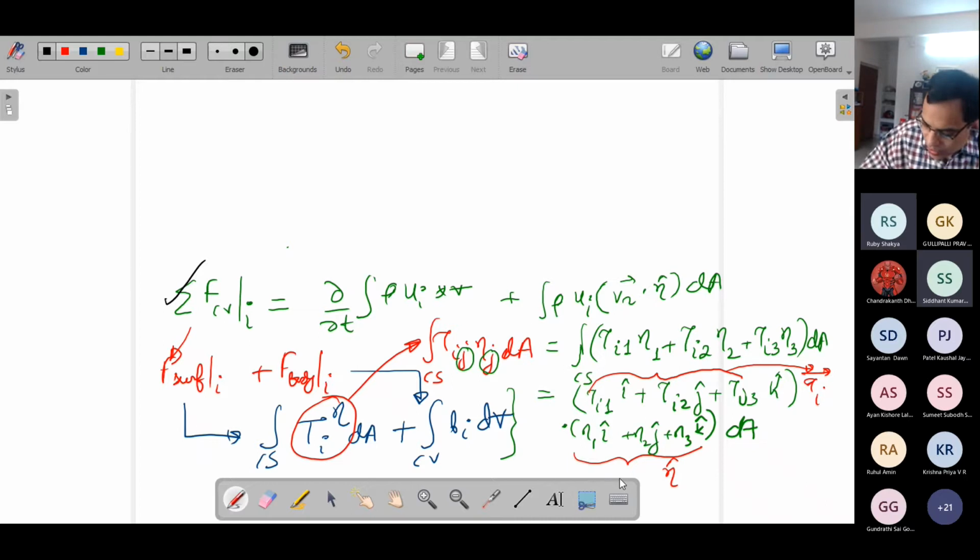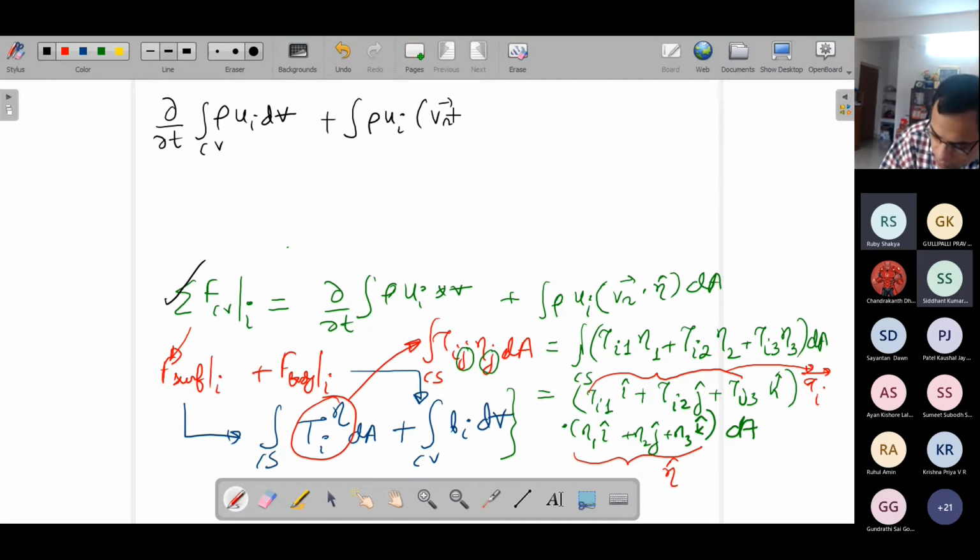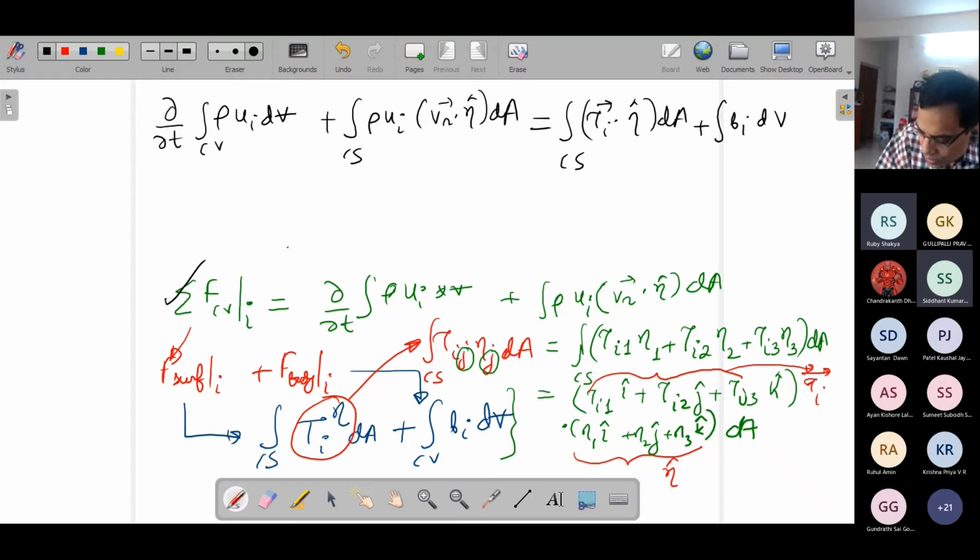So as per custom of fluid mechanics, we will write this is equal to the surface force and body force per unit volume, if it is Bi. So this is the control volume.